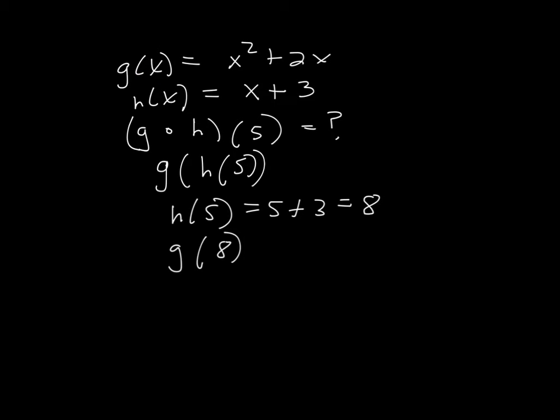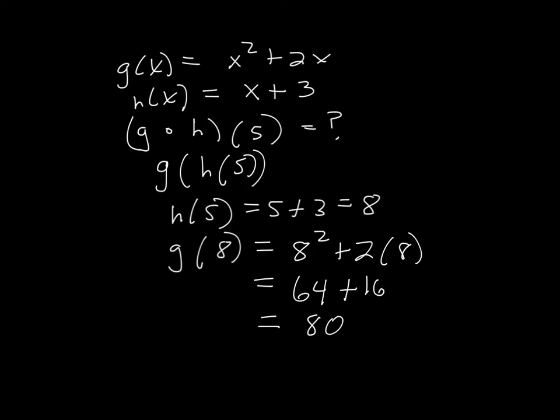So now that equals 8 squared plus 2 times 8, which is 64 plus 16, which equals 80. So the final answer to the problem is 80. It's that simple.